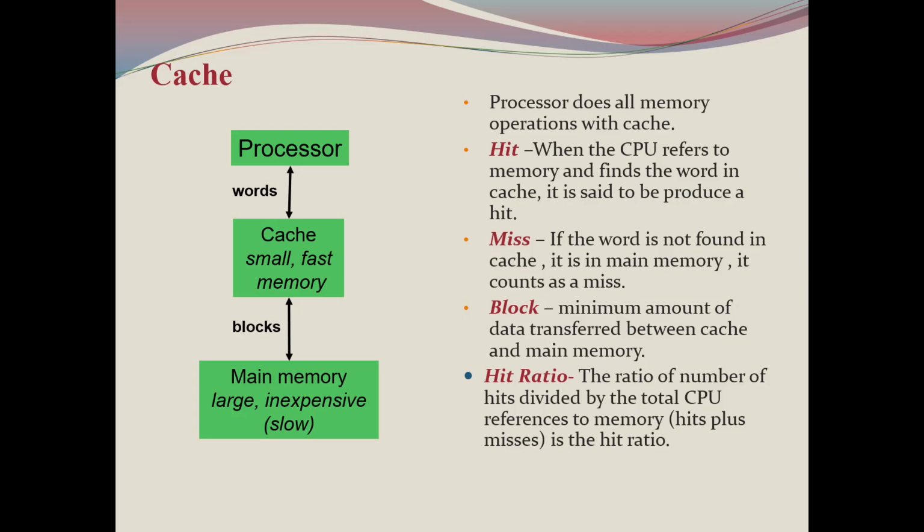If the word is not found in cache, it is in main memory, and it counts as a miss. The minimum amount of data transferred between the cache memory and main memory is the block. The ratio of the number of hits divided by the total CPU references to memory, that is hit plus miss, is called the hit ratio.